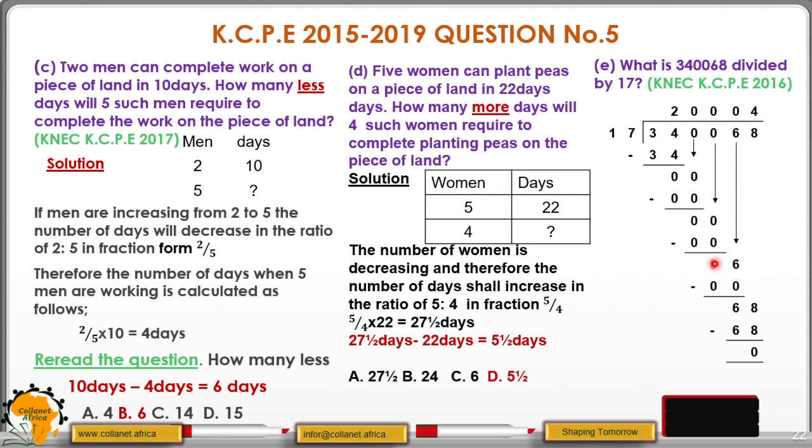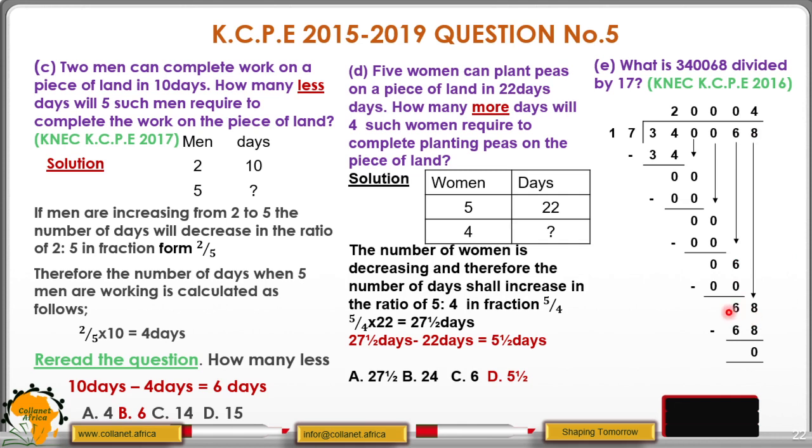So 0.066 cannot divide 17. It is not possible. Then you say it is 0 multiply. You put a 0 here because it is not possible. Then 0 times 17, you get 0 here. Then you subtract here. You get a 6. And then you drop the 8.